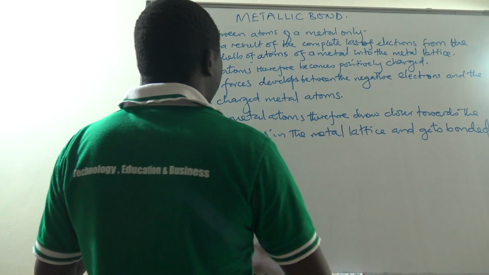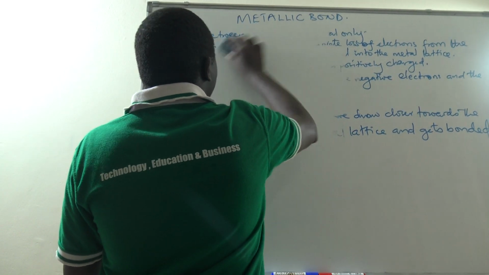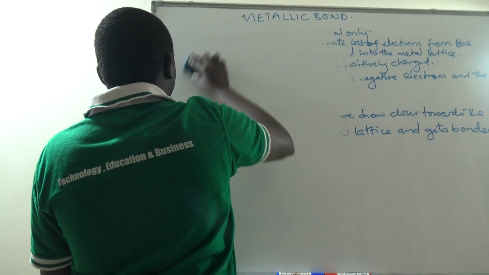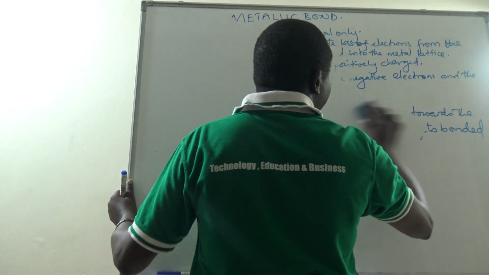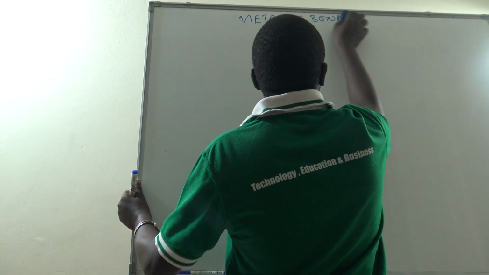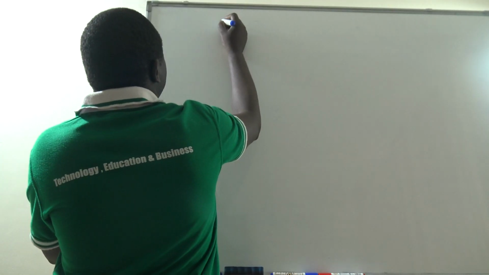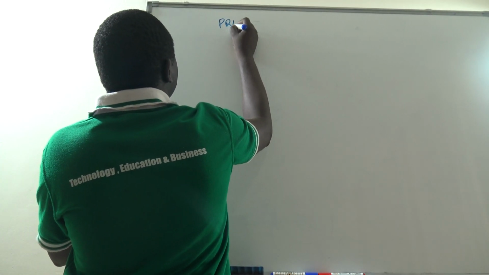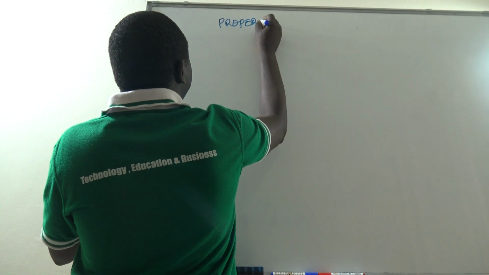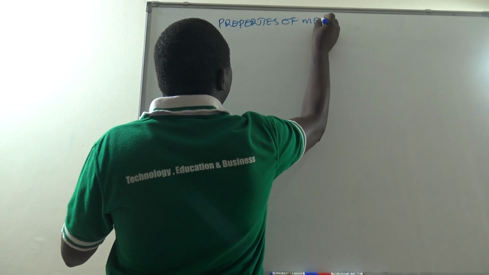So let us look at the characteristics or the properties of metals formed as a result of the metallic type of bonding.